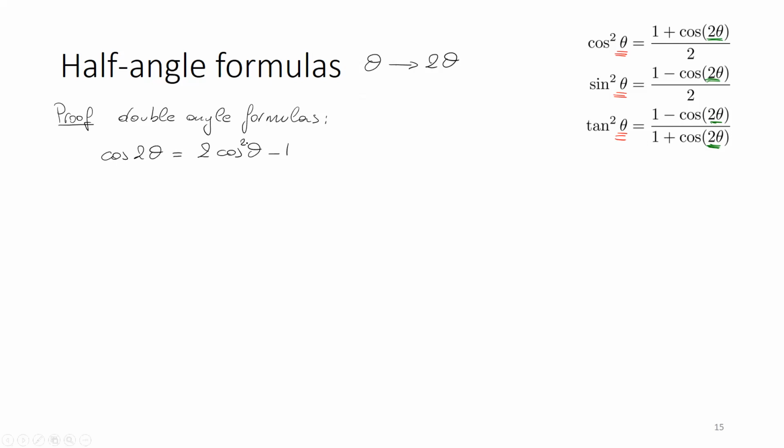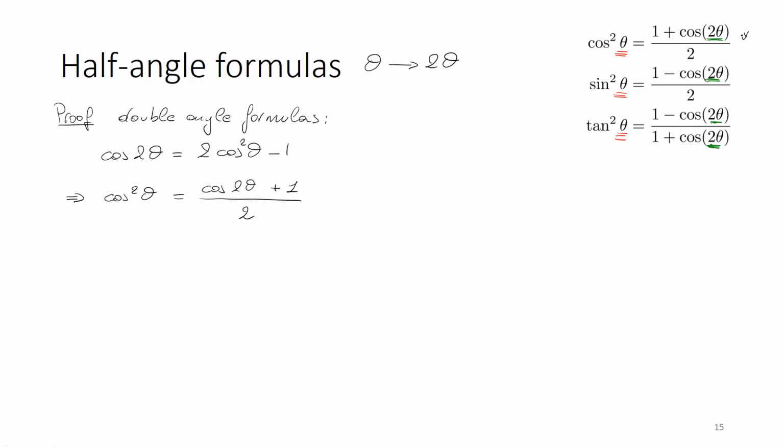And now, if I bring the cosine squared to the left-hand side and I divide everything by 2, what I get is cosine squared theta is equal to cosine 2 theta plus 1 divided by 2.